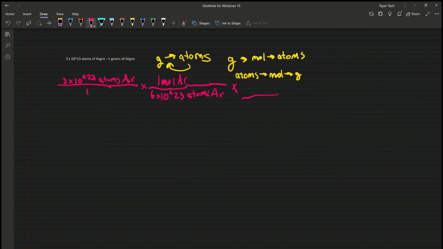And then, for every 1 mole of argon, we're going to have a certain amount of grams of argon. Now, to determine that, we have to look at our periodic table. We have to search for Ar.